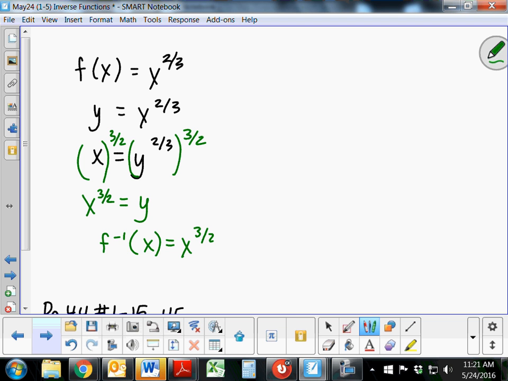If we wanted to look at this guy as an inverse and look at whether or not he's one-to-one, we should be able to show that the composites work, meaning, like Cameron said to us, we should be able to do f of f inverse and reduce it all the way down to an x. So I'm going to start with my f function. Whenever I get to an x, I'm going to plug this function in. It's supposed to be x to the 2/3 power. What do I get?